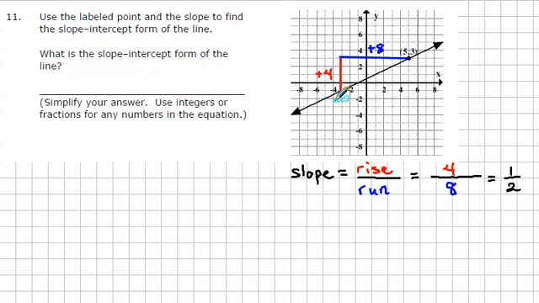Alright, well, now that we have the point 5, 3 and the slope 1/2, an efficient method for writing the equation of the line is to use the point-slope form. So let's recall our point-slope form.